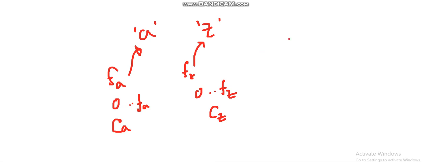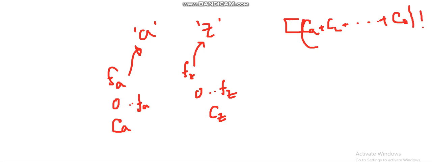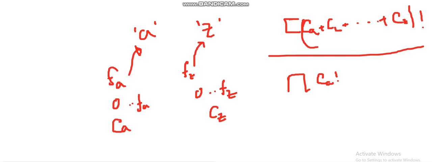So the answer will become the summation of (ca + cb + ... + cz) factorial, divided by the product of ca factorial, cb factorial, dot dot dot, cz factorial.